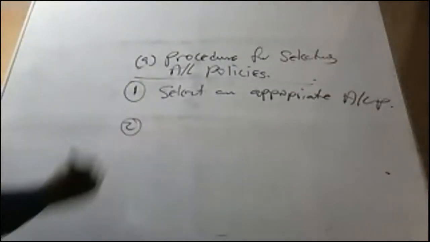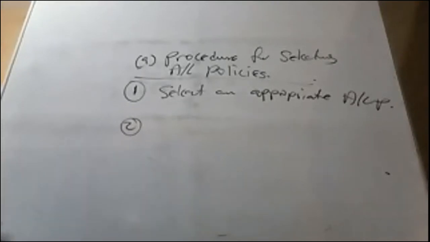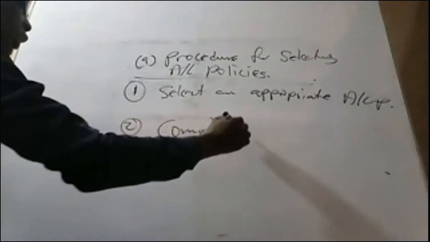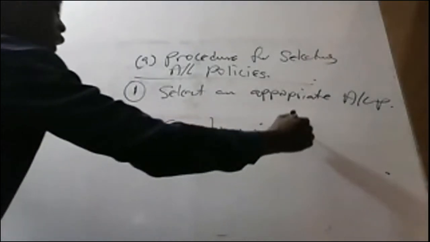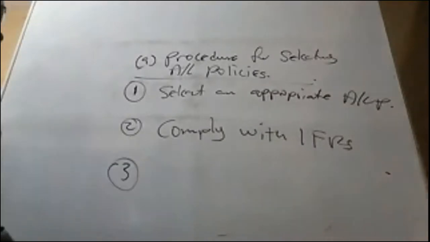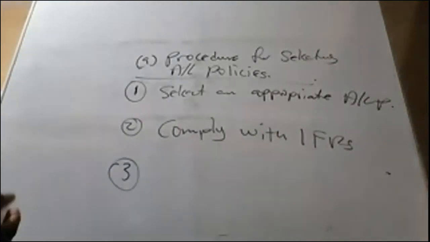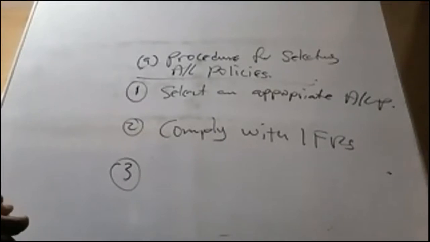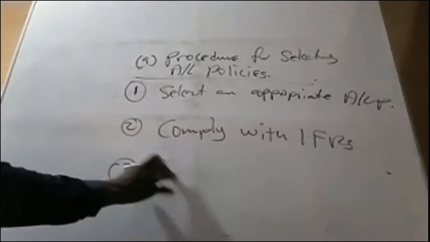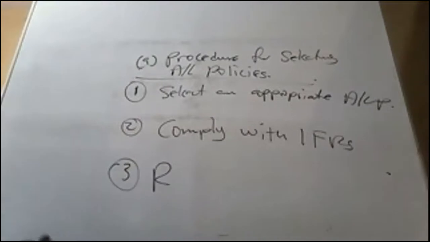Number 2, which comply with IFRS. So comply with what? With IFRS. Number 3, the policy that makes the financial statements reliable, that results in reliable presentation.